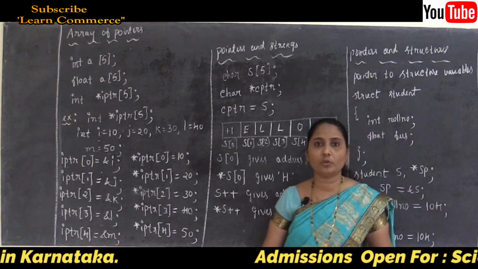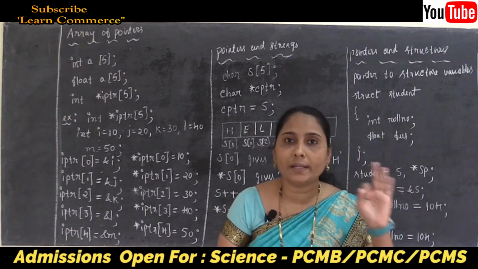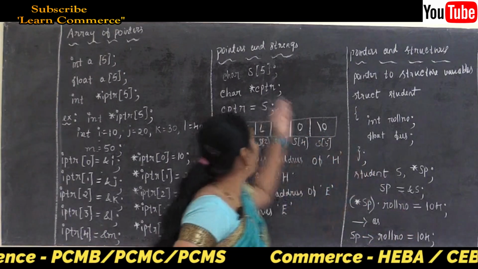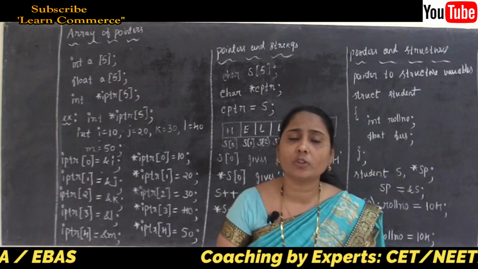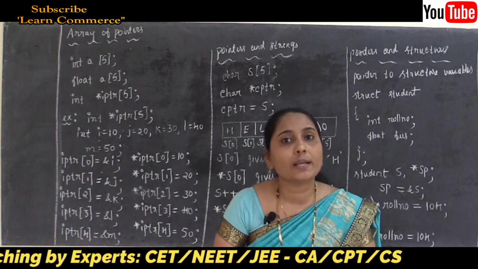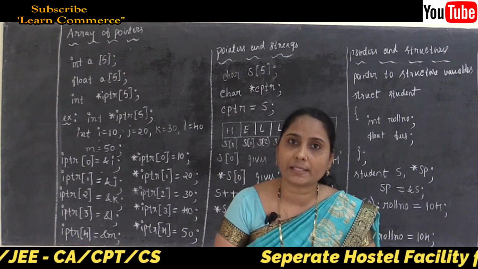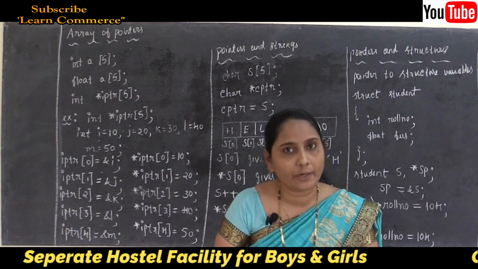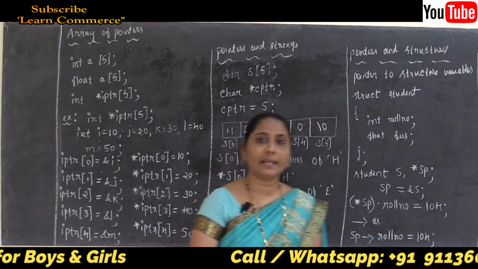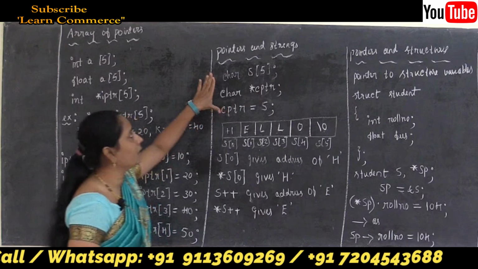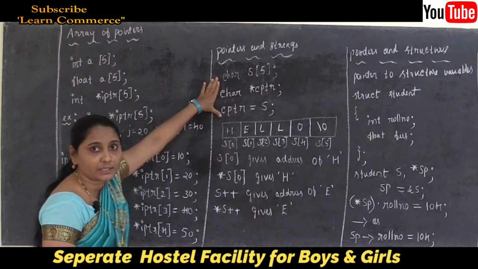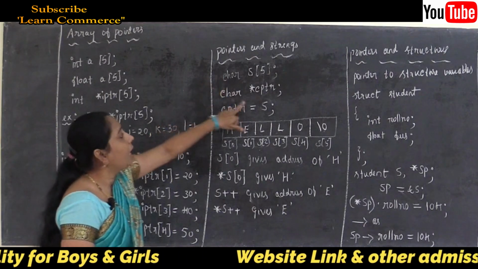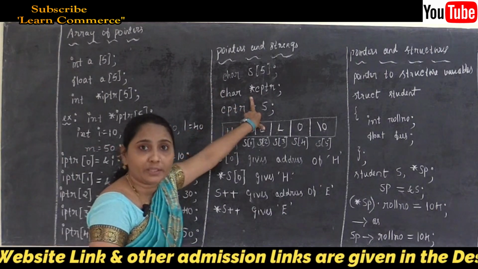What about the pointer and the strings here? Why? Because now we know just the final touch to the concept of pointer and strings. We know the meaning of the pointer. Now the meaning of the string is a group of characters, and such characters always end with the null character here. And later in this case I just declare an array of characters that is called the string variable, and I also declare the pointer variable.